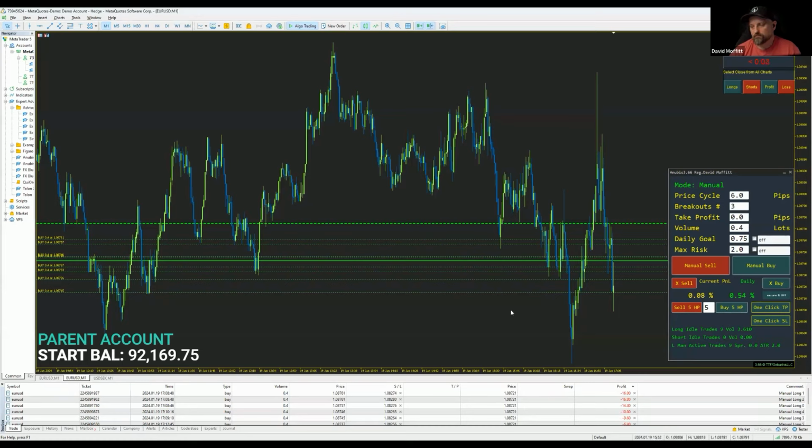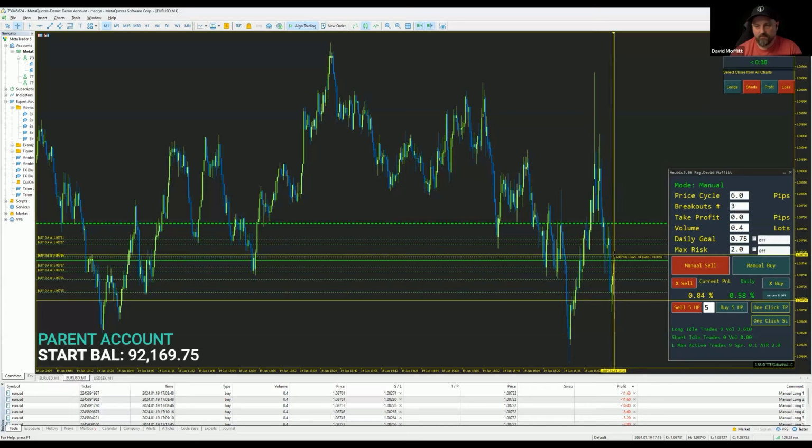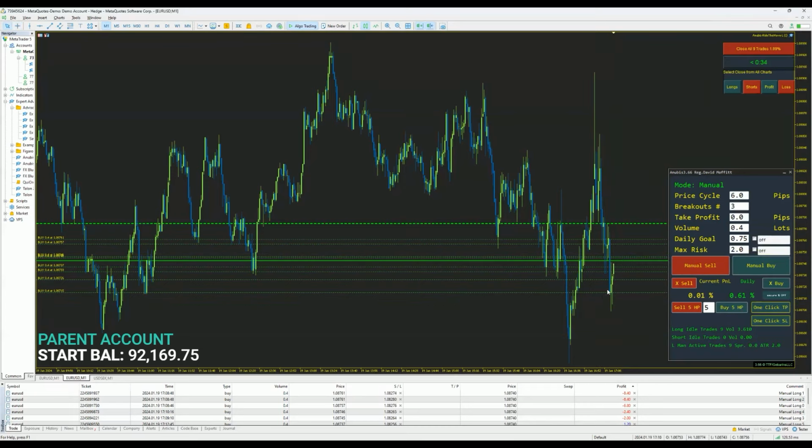So in my mind, I'm thinking, when is the market going to be done trading for the day? And when that happens, it means we're getting less than 5 pips in price cycle. When we start getting less than 5 pips in price cycle, it's just not worth trading, right? You're looking at about 50 minutes.